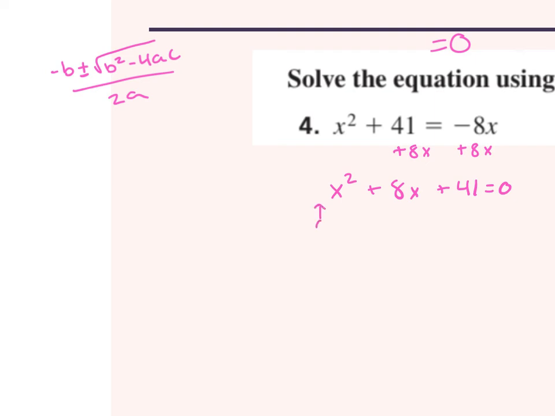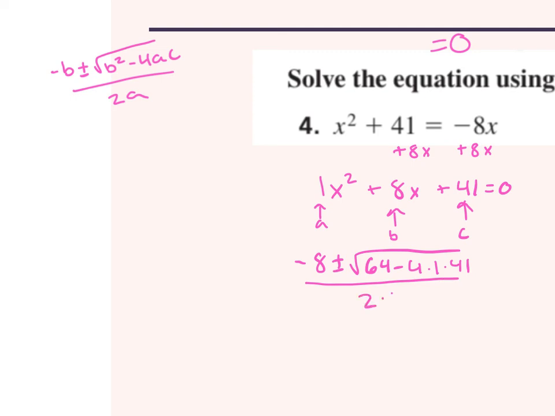Our a is 1, our b is 8, and our c is 41. So we plug in. So we have negative 8 plus or minus the square root of 8 squared, which is 64, minus 4 times 1 times 41 over 2 times 1.